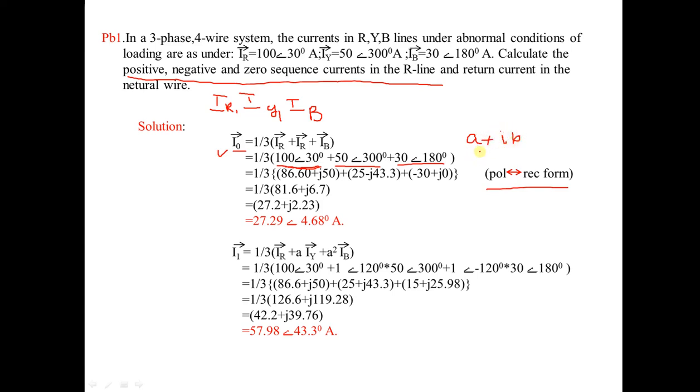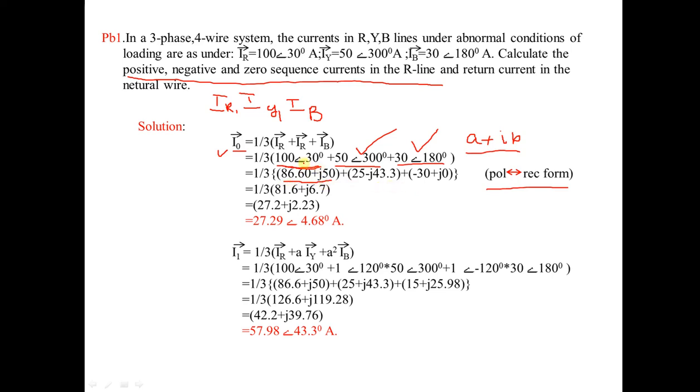Using the calculator, we found 100 angle 30 as 86.60 plus j50, and similarly for the other angles, 30 angle 180 degree as well. After this it will be easy to solve.